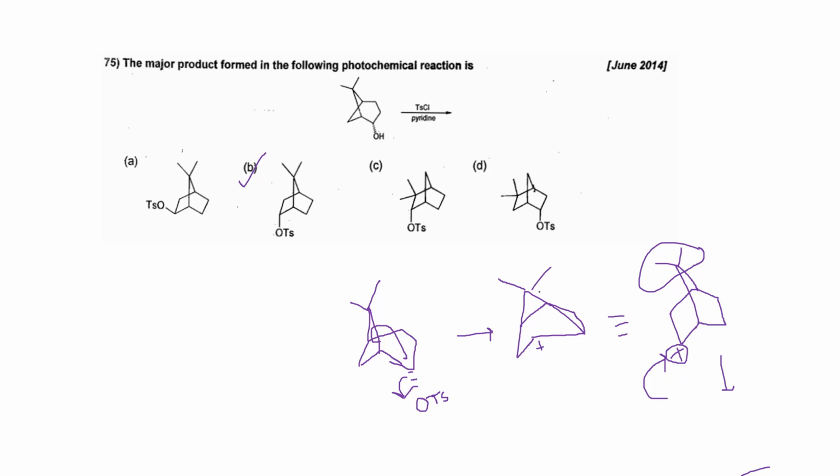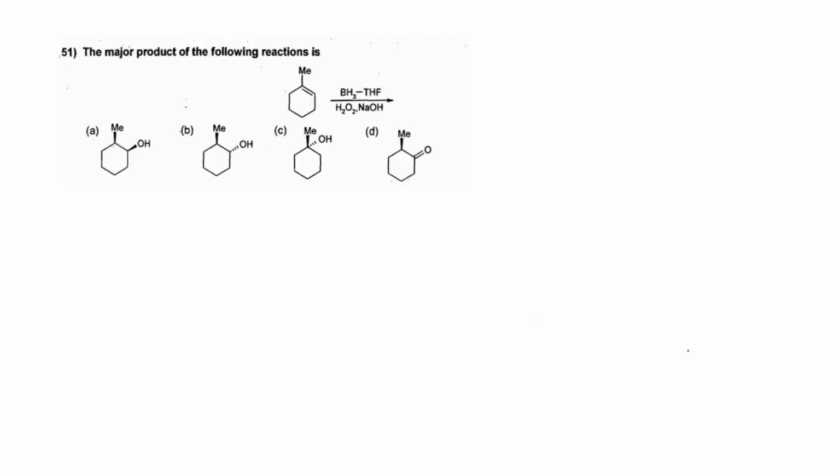So this is also a stereochemical aspect: the exo attack is always favorable, but if the exo side is blocked, the attack will be from the concave side, giving us OTs as our product.